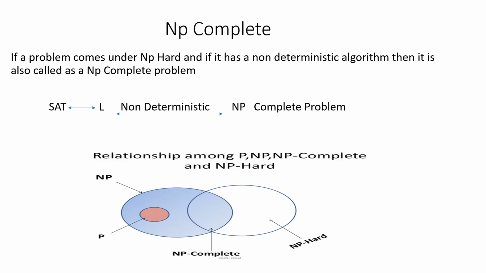Understood? So consider satisfiability as another example. As of now, it is an NP hard problem. And if I write a non-deterministic algorithm for the satisfiability problem, it will become an NP complete problem, which is left to the researchers.